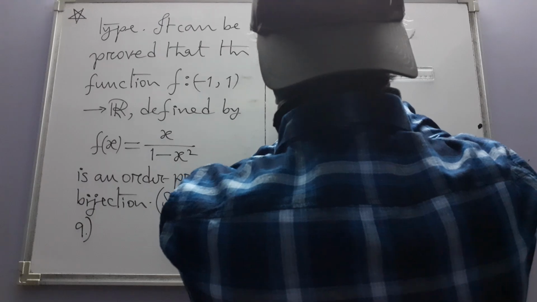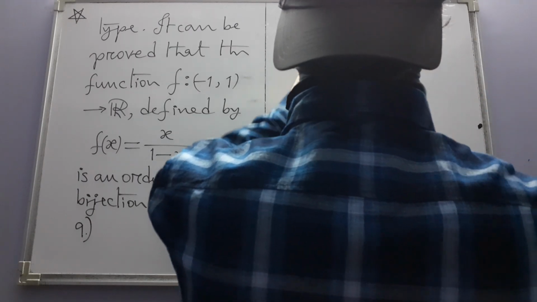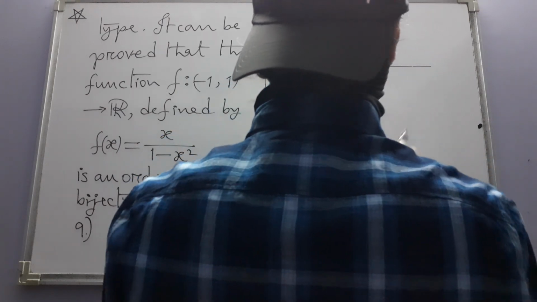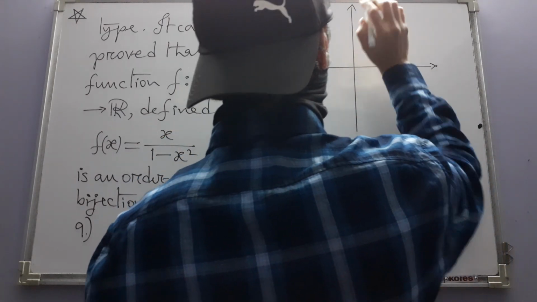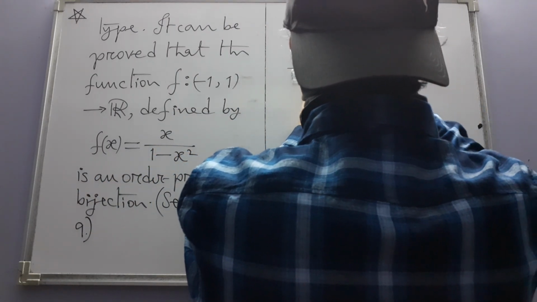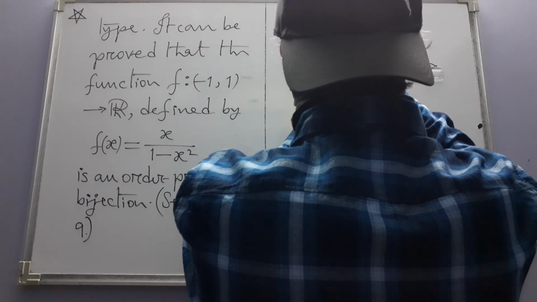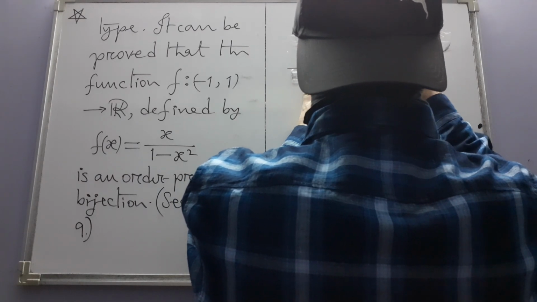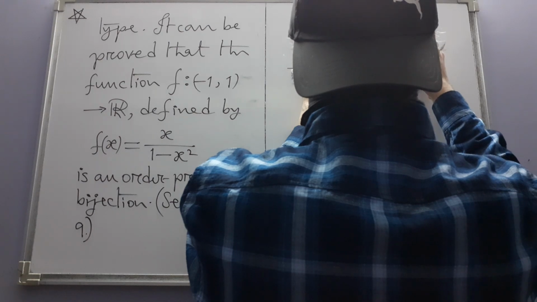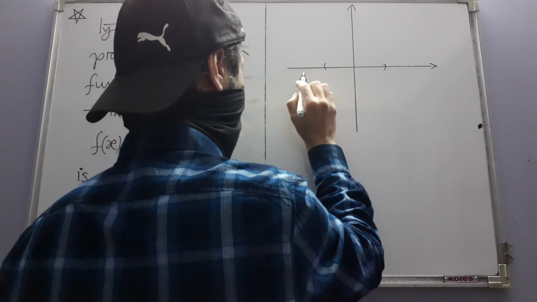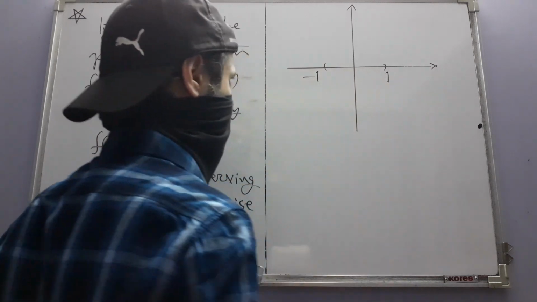The graph is going to look like this. Say this is our interval minus 1 comma 1.